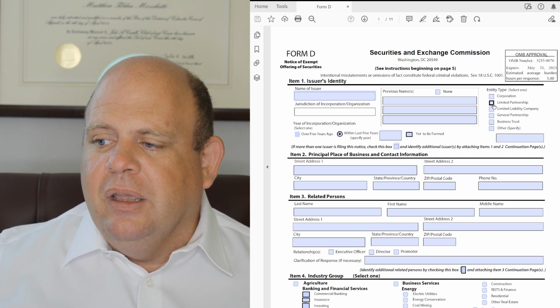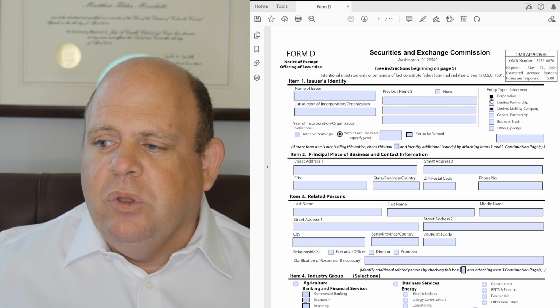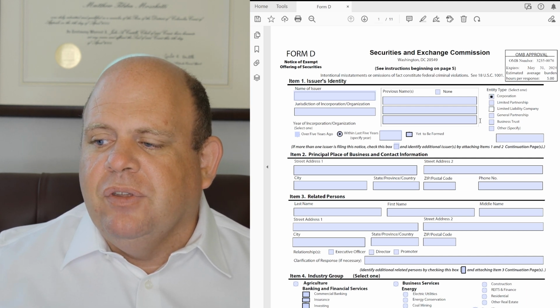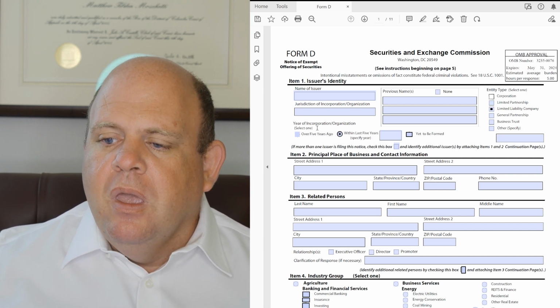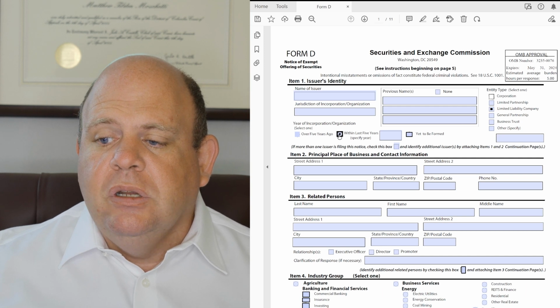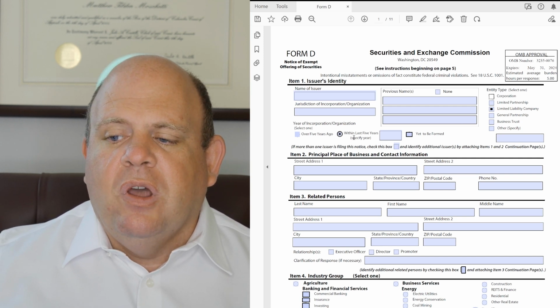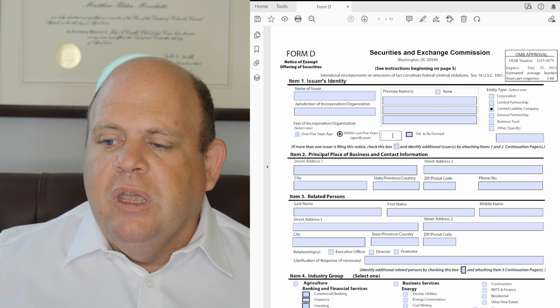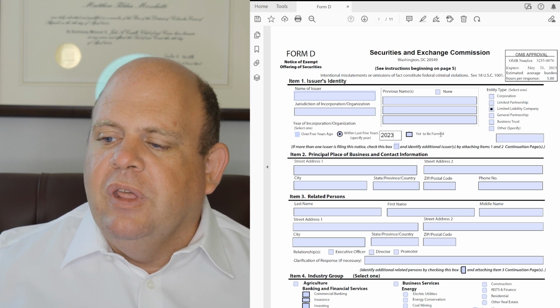Almost all of my clients choose LLC. Occasionally for business clients, we choose a corporation. That might make sense. It really depends on your specific situation. Year of incorporation, most of mine are fairly new that I file, so it's almost always within the last 5 years, and then they want you to put in the year that it was formed, so we do that like that.